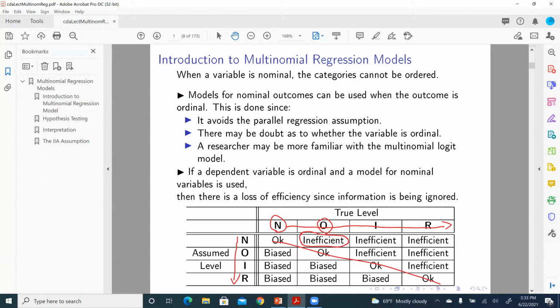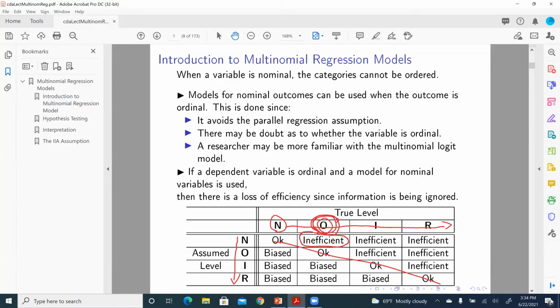Here, again, I'm going to give you an example. Let's say the true level of measurement is ordinal. But let's say we use a regression technique designed for more quantitative response variables, in this case interval or ratio type response variables.